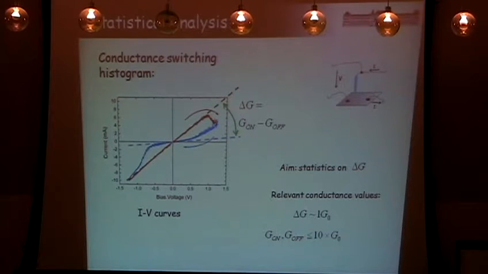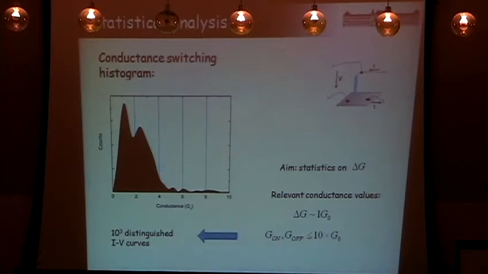We really want statistics down to 1 G0 for the conductance switching, which means that for the on-state and off-state conductance, we want no more than 10 G0 of conductance. Otherwise, we obviously won't see conductance switching in the range of 1 G0. So this means that for the resistance of the contacts, we do not want lower than, let's say, 1 kilo-ohm.